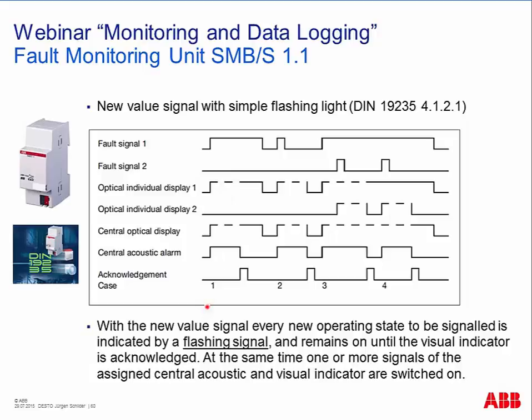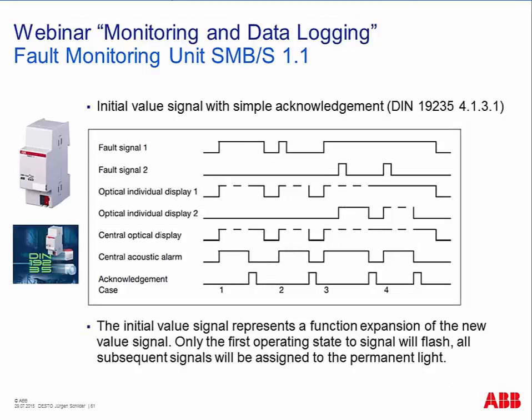When you confirm the fault, but the fault is still active, as you can see here, then it goes to permanent light. That's the difference. So confirmation will be shown via permanent light. Not yet confirmed fault will be shown via flashlight. That's the main difference here.